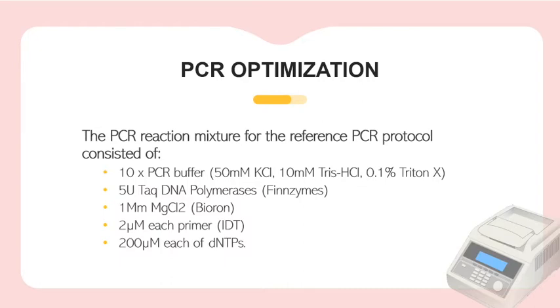Next is 1 millimolar magnesium chloride, simply known as Biron, 2 micromolar of each primer from IDT, and 200 micromolar each of deoxynucleoside triphosphate. Deoxynucleoside triphosphates are the ones being incorporated into the newly synthesized strand by Taq polymerase.